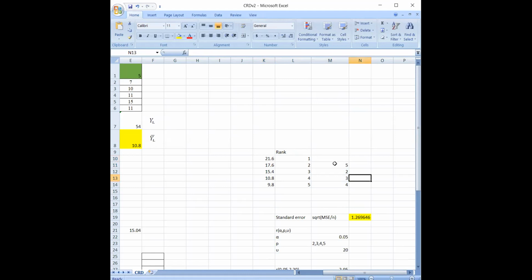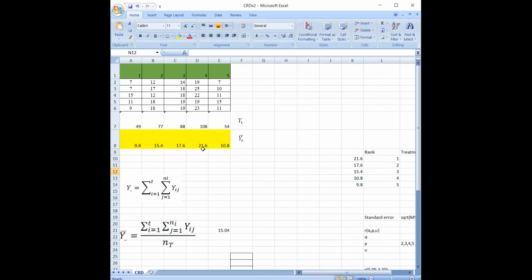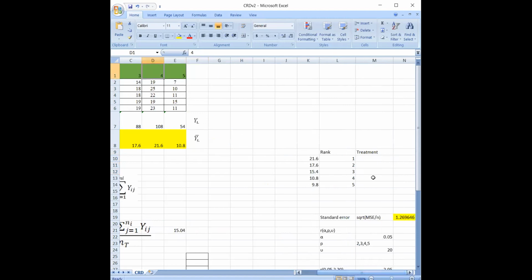That is the treatment with respect to the mean values. So here I will just write the treatment. So let's see. 21.6 is coming from the fourth treatment, so that is number 4.